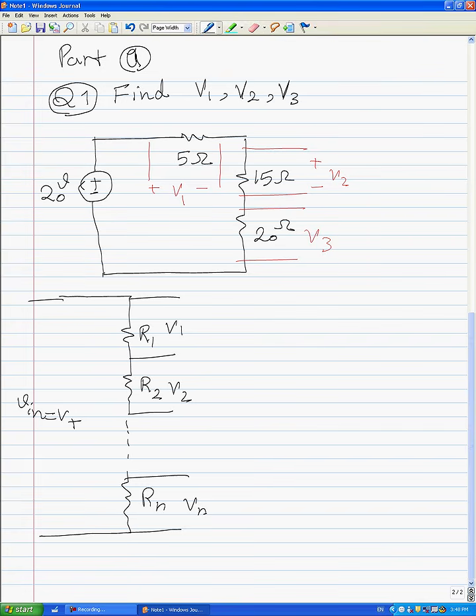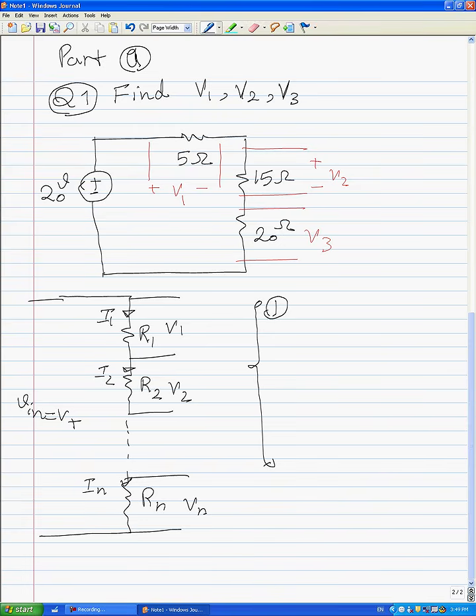As you know, any series circuit would be supported by three important rules. Rule 1 says we have the same current: I1, I2, and In.